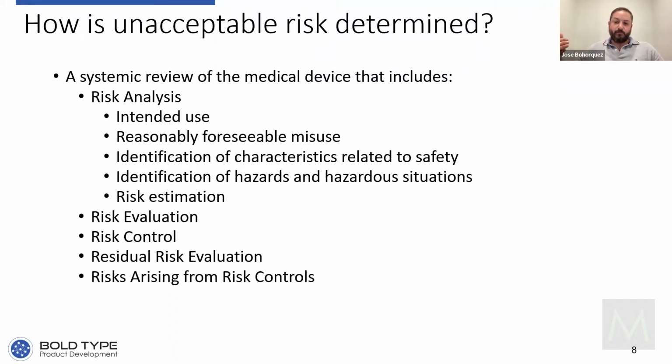So you're trying to think about what are the things that could go wrong if this is designed improperly, and how do we mitigate those? And even before you start thinking about mitigating those, you're asking yourself, okay, what's the probability that this could happen? And then, what's the potential harm? As you implement risk controls to reduce that, you might say, okay, the material must be biocompatible and meet ISO 10993 types of requirements.